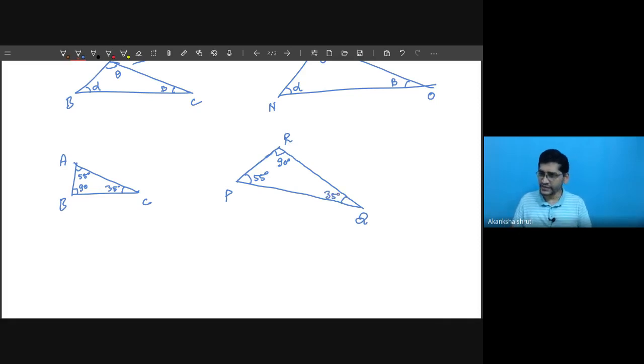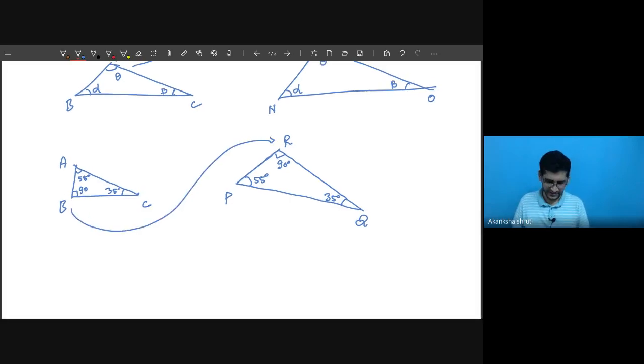So in this case, what we are observing: are the orientations the same? No. The orientation or position of the angles may vary, but the respective angles must exist. So in this case, B is going to be matched with R, C is going to match with this Q, and A is going to match with this P.